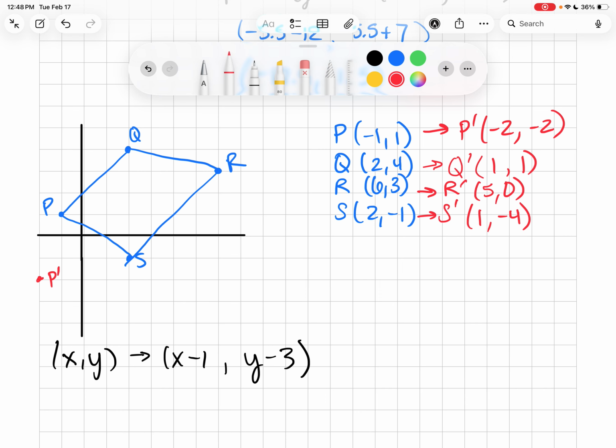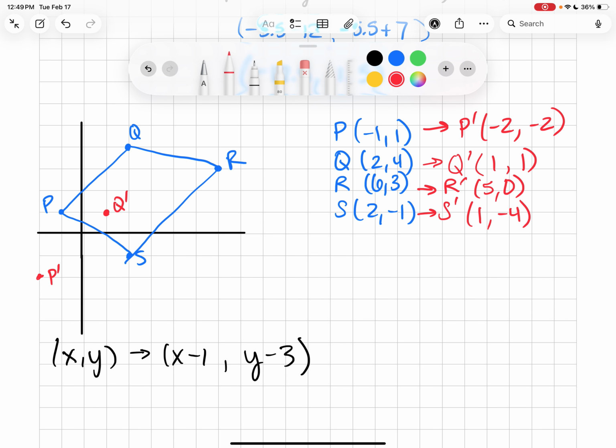Q prime is at 1, 1, so that's here. R prime is at 5, 0, so that's here. And then S prime is 1, negative 4, so that's down here.